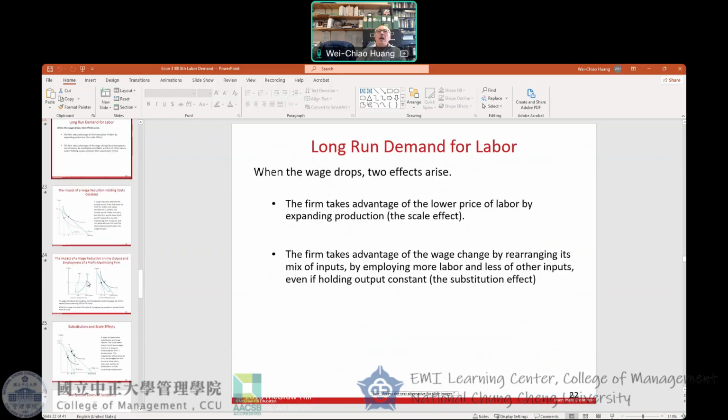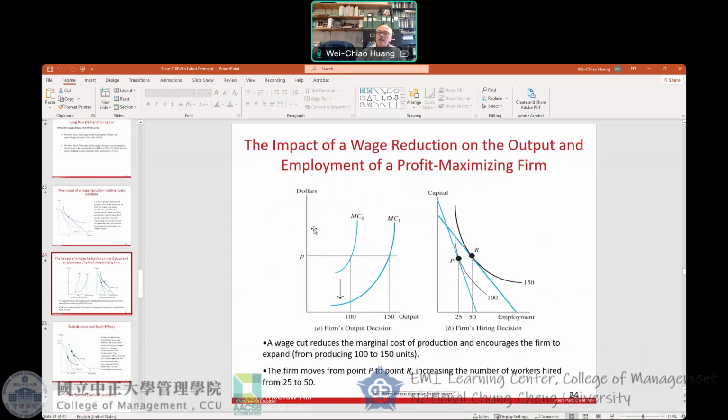I showed you in class last time that we start from this angle: when wage drops, a wage cut is going to reduce the marginal cost of production and encourage the firm to expand from producing 100 units to 150 units, because the profit maximizing condition is marginal revenue, or output price, equals marginal cost. Marginal cost has dropped to MC1, so the new profit maximizing output level is 150 units.